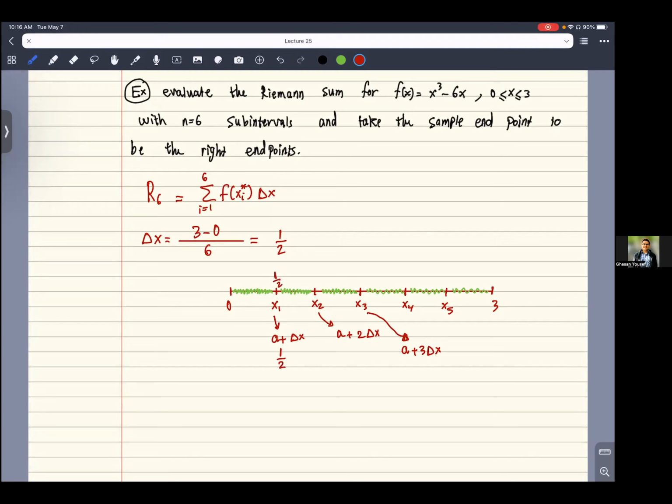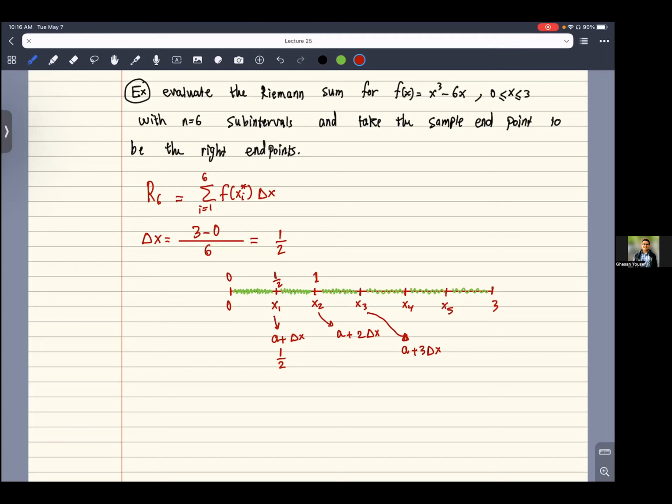Okay, the second point is a plus 2 delta x. It's 0 plus 2 times 1/2. What's the value? The value is 1. 0, 1/2, 1. Now you have to keep adding the same delta x for all the points.